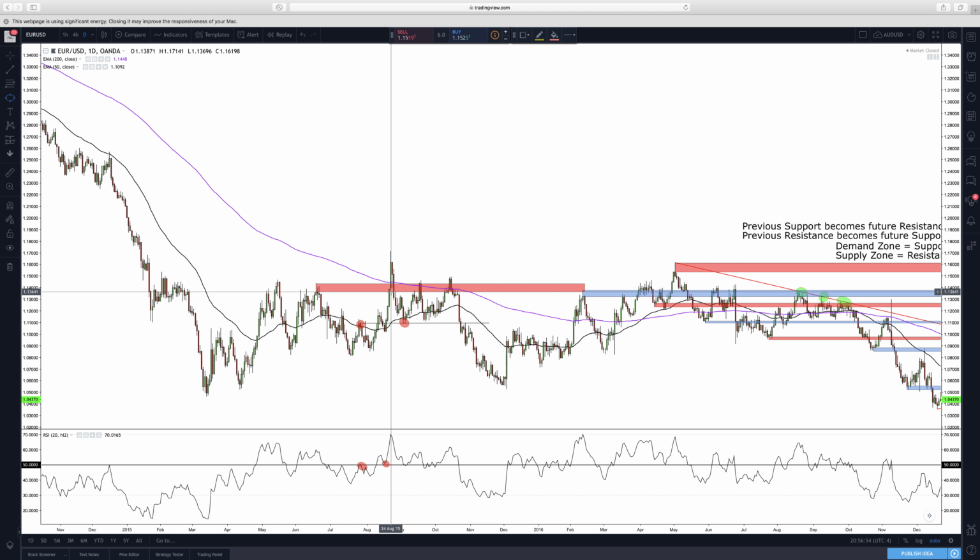Took profit, let's say, right here, even though it went higher, at 1.13641. That's exactly 200 pips. You got 200 pips on that trade right there. That's crazy. That's your minimum for the month.